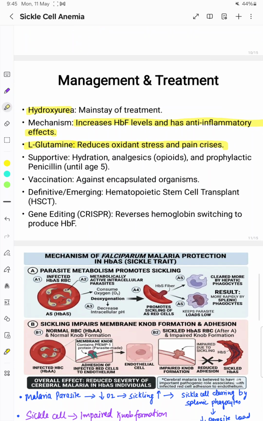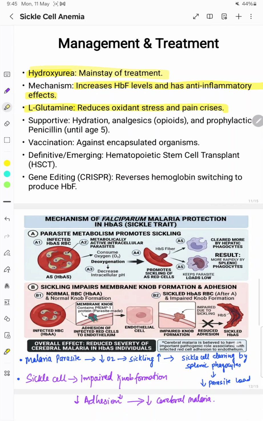Management of sickle cell disease. Hydroxyurea is the mainstay of treatment. Hydroxyurea increases HbF level and has anti-inflammatory effects. HbF decreases the polymerization of HbS and ultimately decreases sickling. L-glutamine reduces oxidant stress and pain crisis.